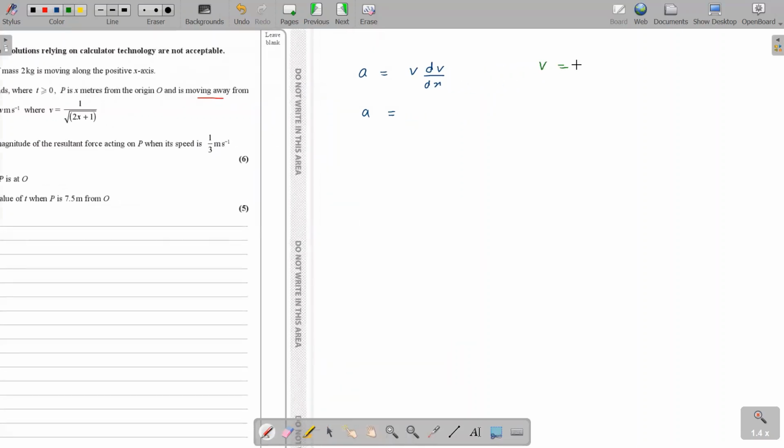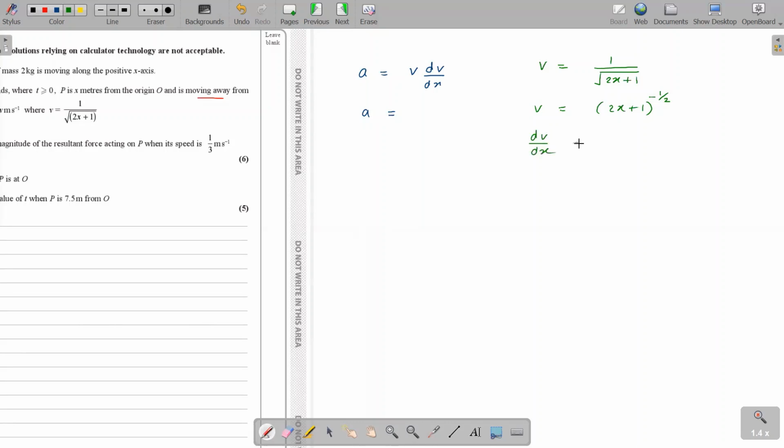So V equals 1 over root 2x plus 1. To differentiate this, shall I first bring it up? When you bring it up, it's 2x plus 1 to the power minus half. Are you with me? Now we'll differentiate and get dv by dx.